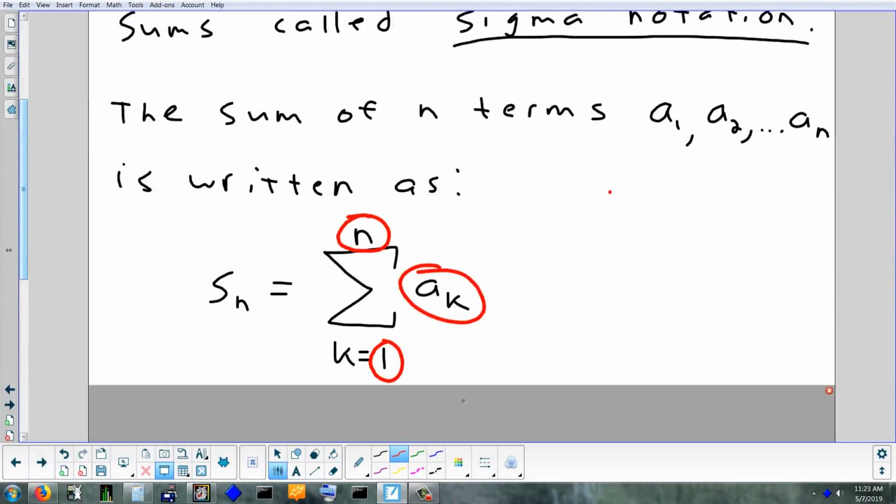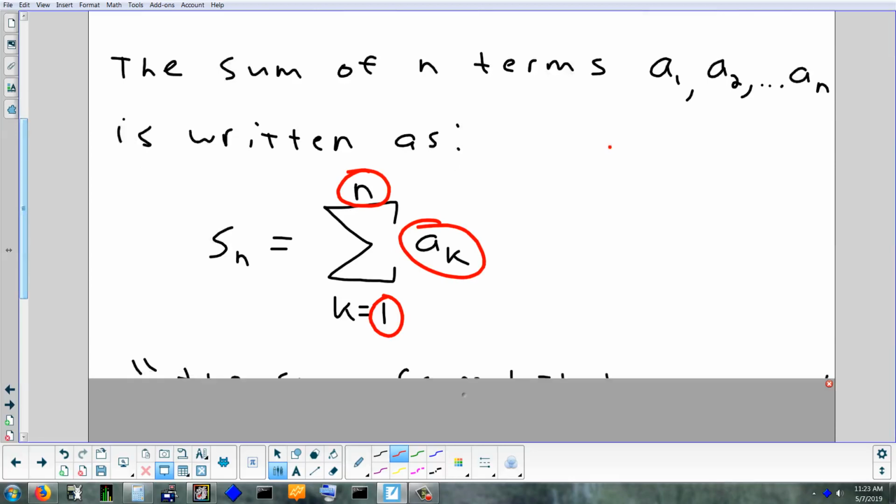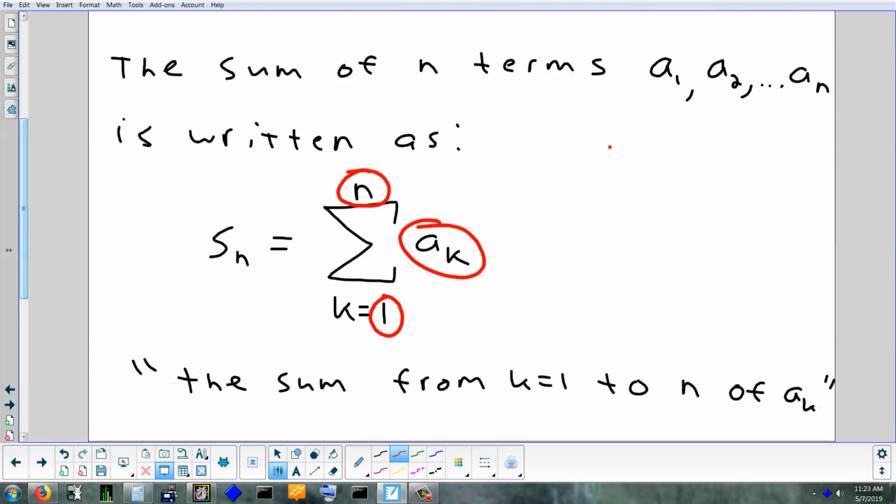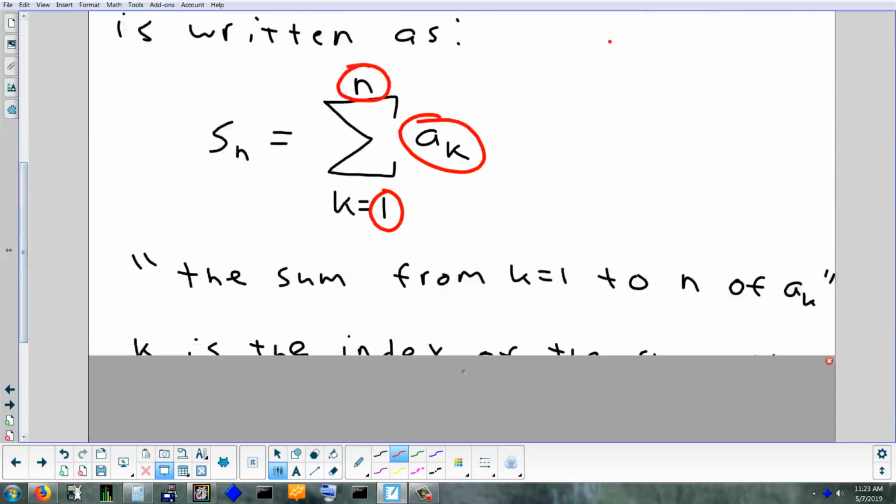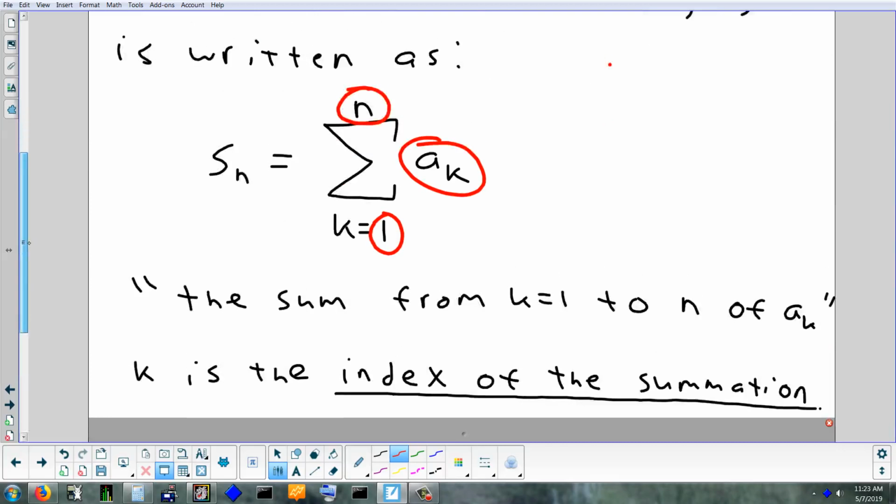This is the formula you're using to generate the numbers that you're going to add. You've got to have a formula here. And the k is called the index.